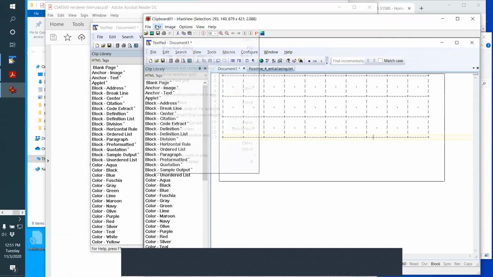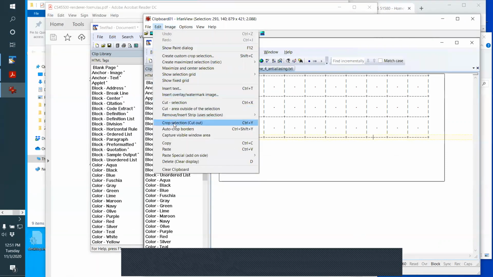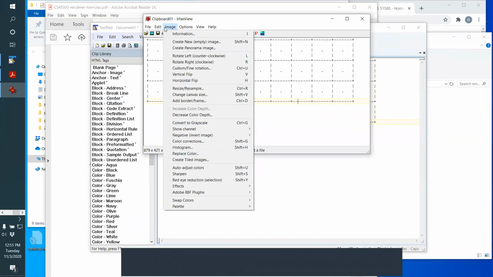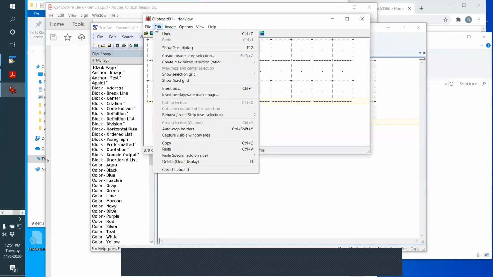Go ahead and crop it. Now I think Lerp Formula view's got a drawing tool built into it. My memory is that there's a drawing tool.